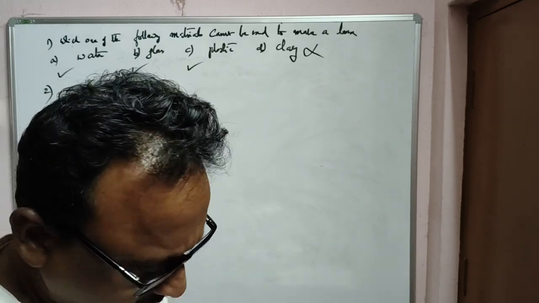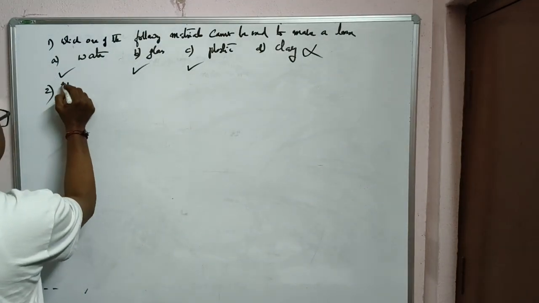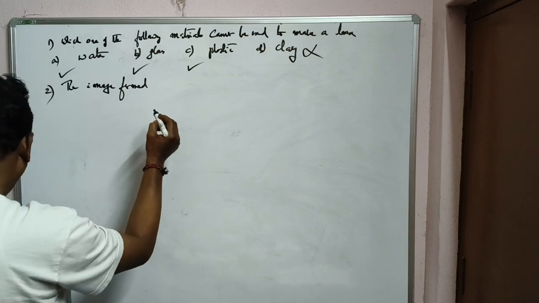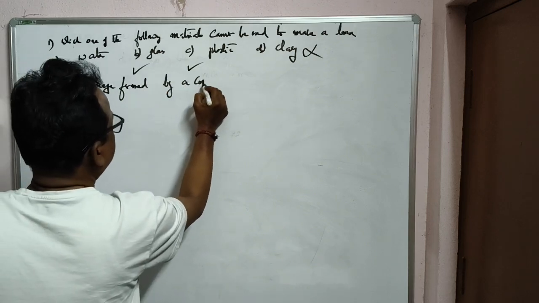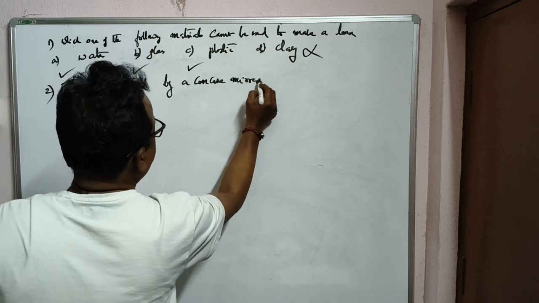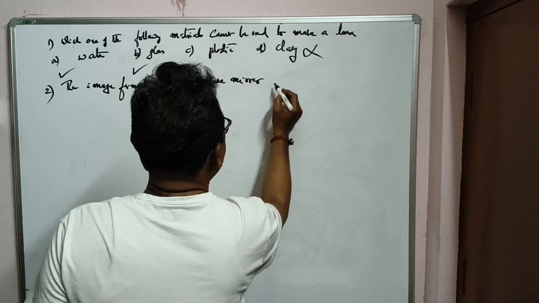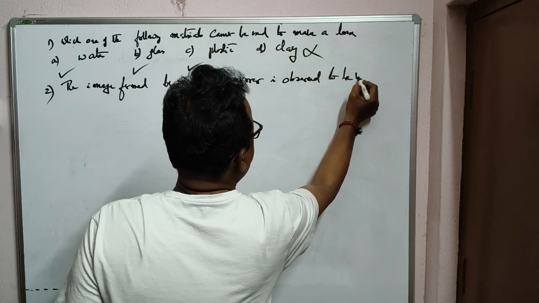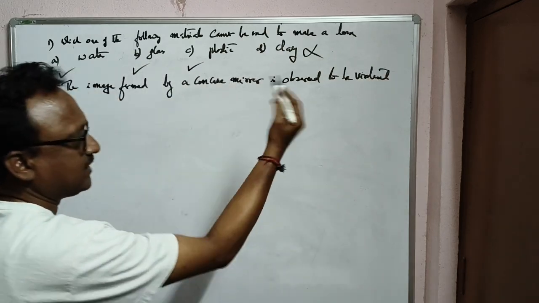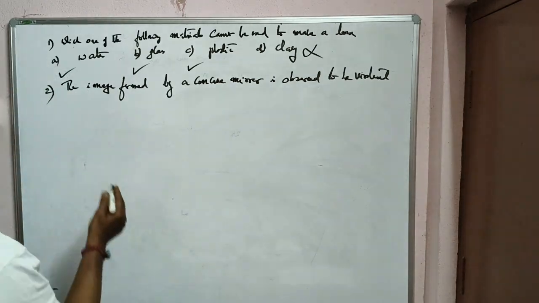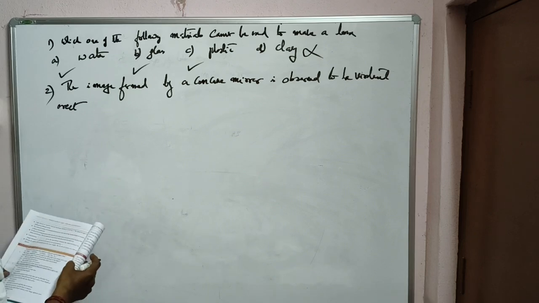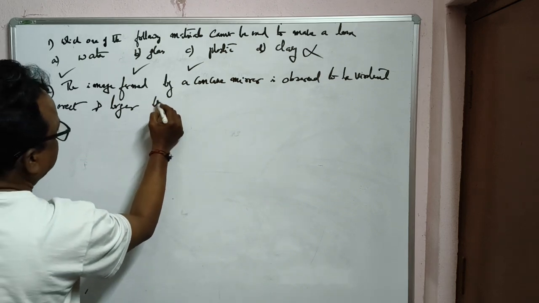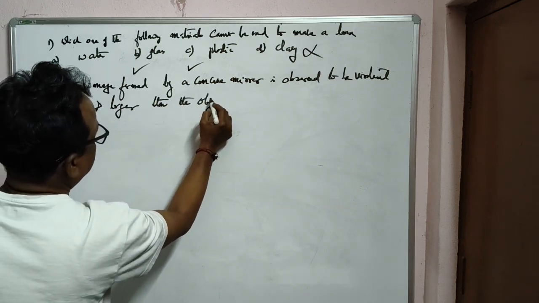Okay. Next question. The image formed by a concave mirror is observed to be virtual, that is, behind the mirror, erect, that means upright, and larger than the object.